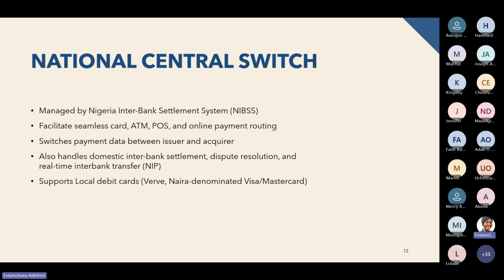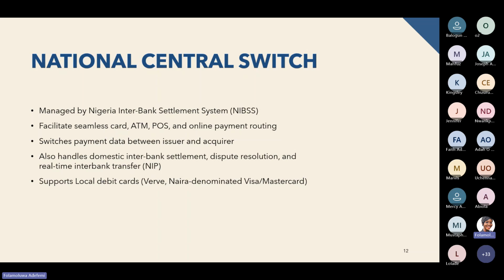So I'm just going to speak a little bit about one of the major things that NIBS does when it comes to transaction processing, which is settlement. So settlement pretty much is giving to Caesar what is due to Caesar, right? So if you have a scenario where a GTB cardholder walks up to a merchant to say, I want to pay for this, the merchant probably has an account at Access Bank, right?